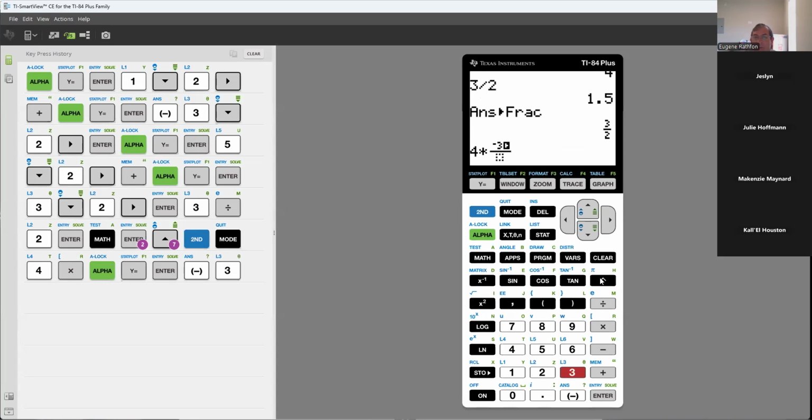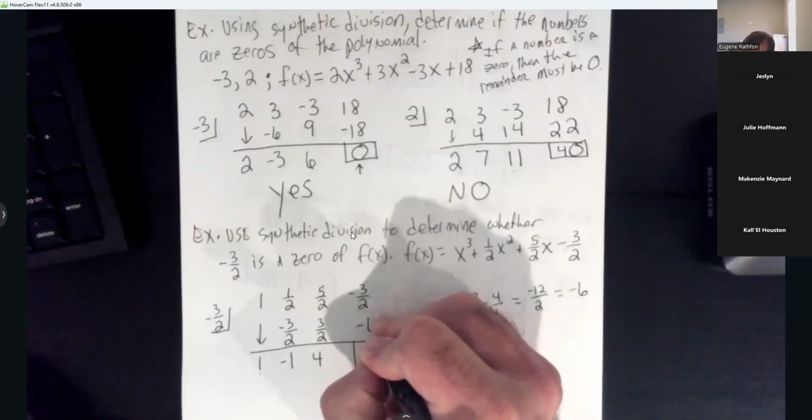That was a negative 3 over 2. So if you wanted to multiply on here, you can still do that. Enter, you get a negative 6. All right, so this is a negative 6 here.